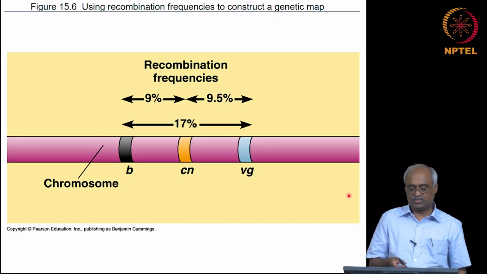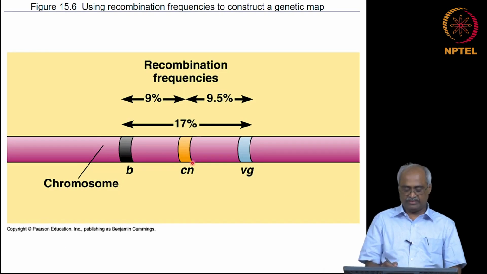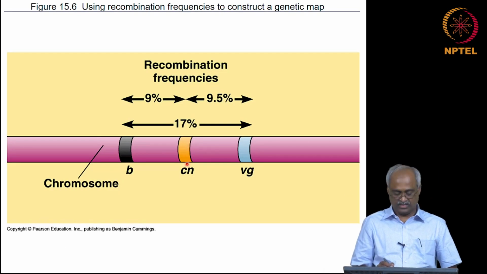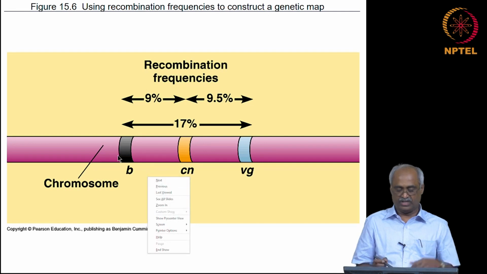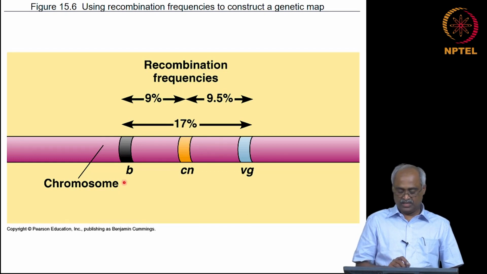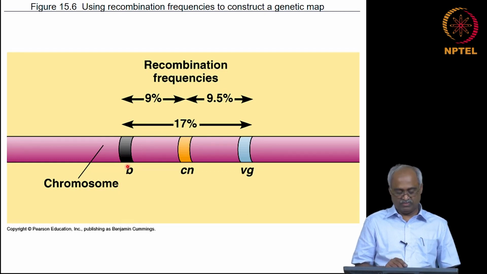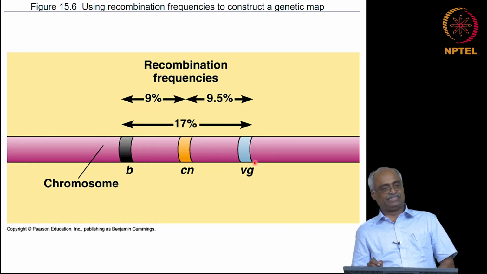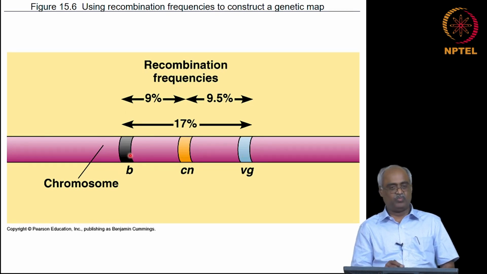So if you take another locus here, this Cn, and do the same experiment as shown between black and vestigial, where in the previous one we saw that between B and Vg it is 17%, then by finding out the distance between these two and these two, people are able to tell Vg is actually on the left side of black on the chromosome, and it is at this distance.